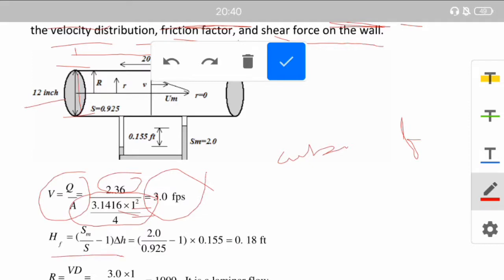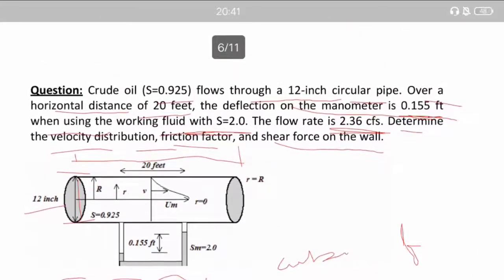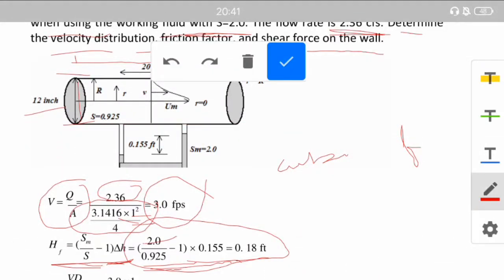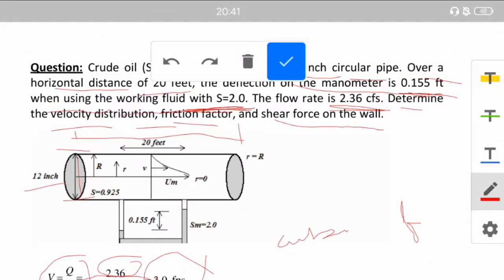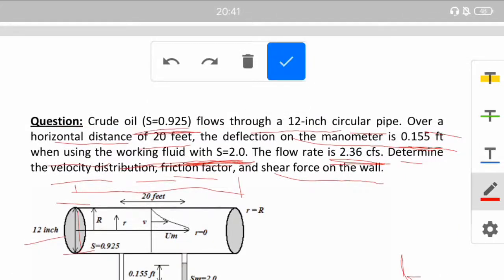hf is (Sm upon S minus 1) times delta H. For a manometer we know this, and it is equal to (2 upon 0.925 minus 1) times 0.155, which is equal to 0.18 feet. Here 2 is the specific gravity of the working fluid in the manometer, as given in the question, and the specific gravity of the crude oil is 0.925.